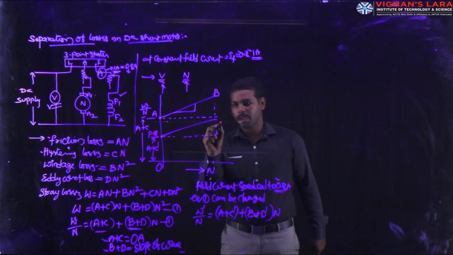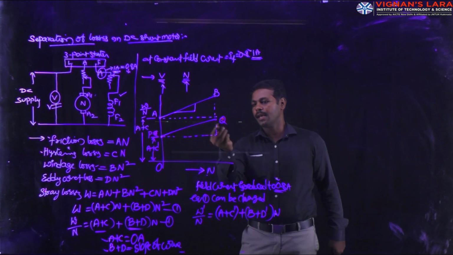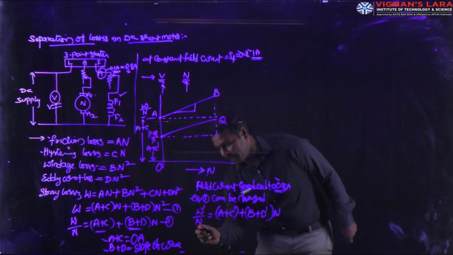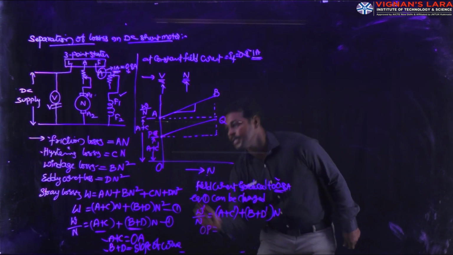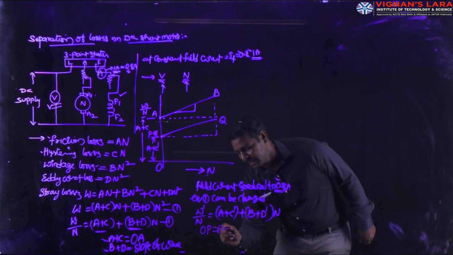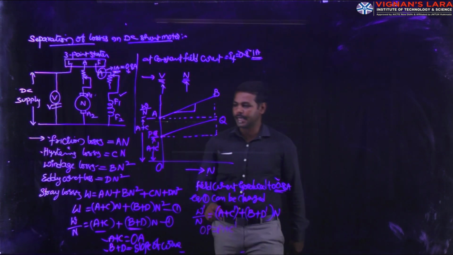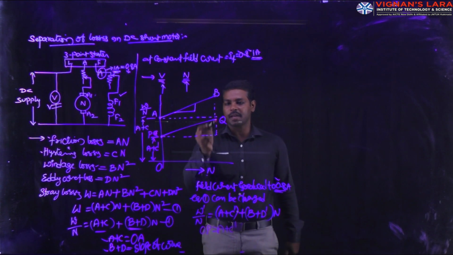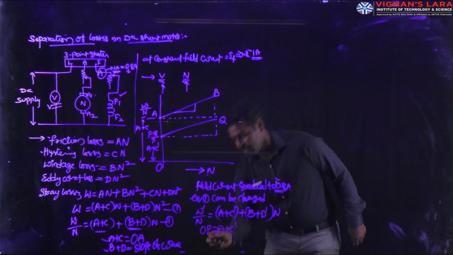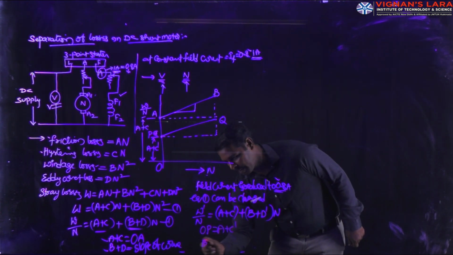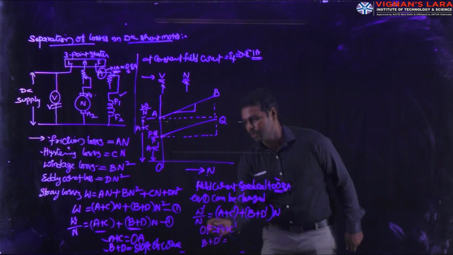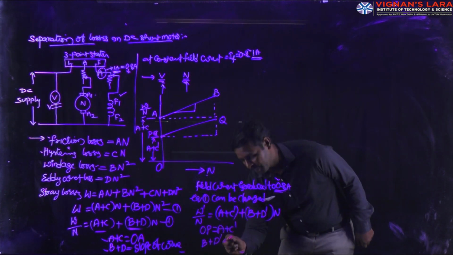So OP is equal to A plus C dash, and this is the second characteristics. Another one is the slope of the curve, which is equal to B plus D dash.